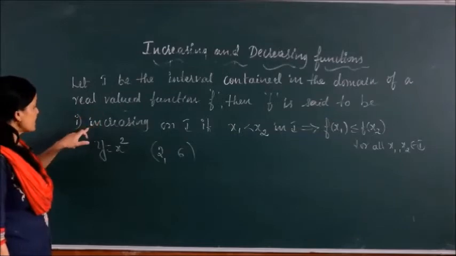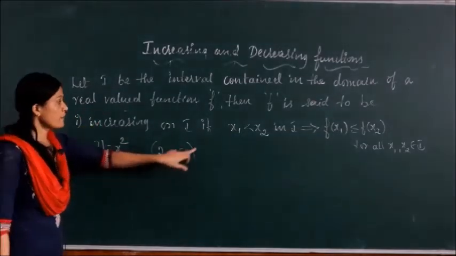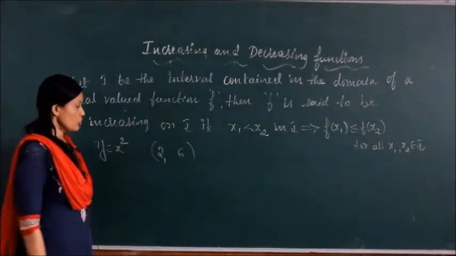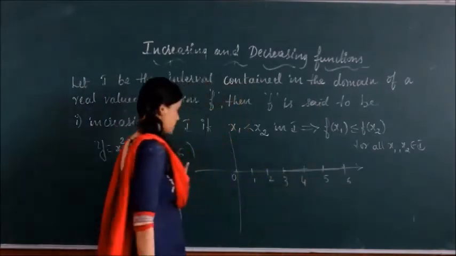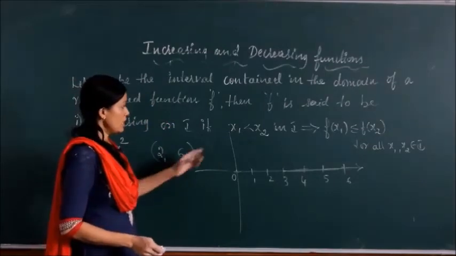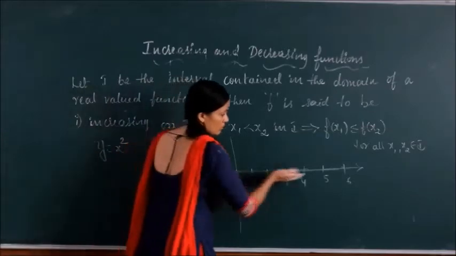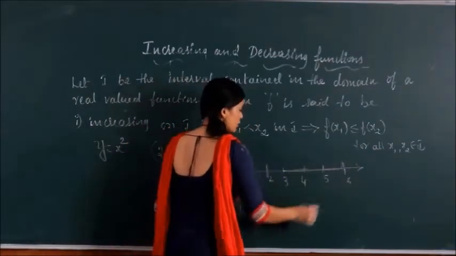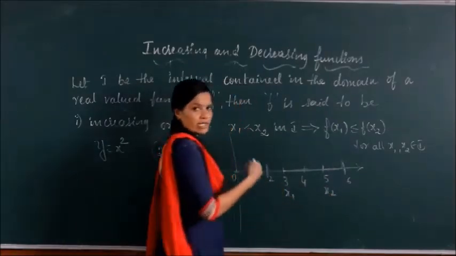Then f is said to be increasing in this interval if x1 is less than x2. So what are x1 and x2? In this interval 2 to 6, you can consider any points. x1 and x2 are some points on the x-axis. In this interval, I consider 2 points. I take this as x1 and this as x2. You can take any value.